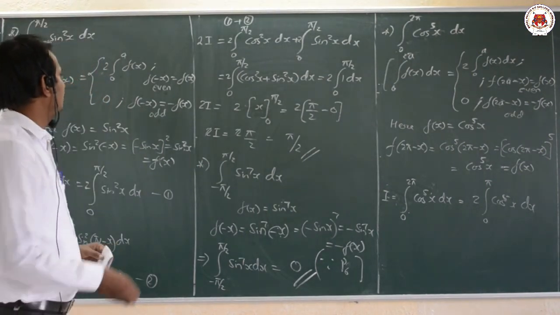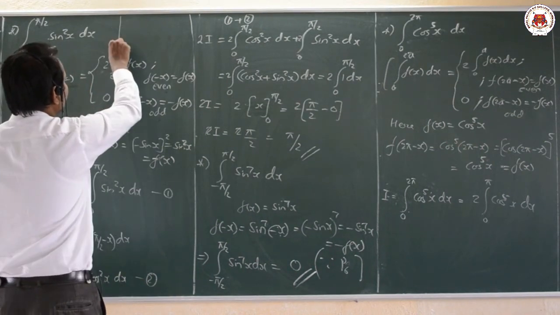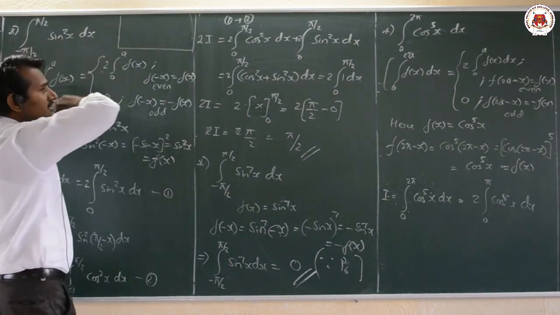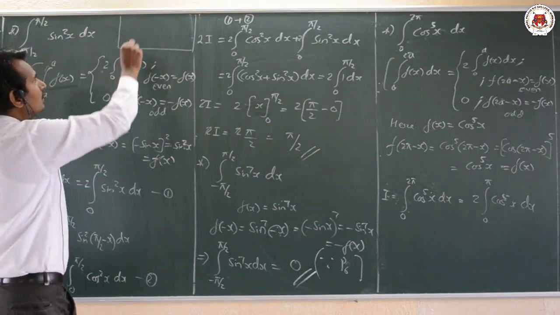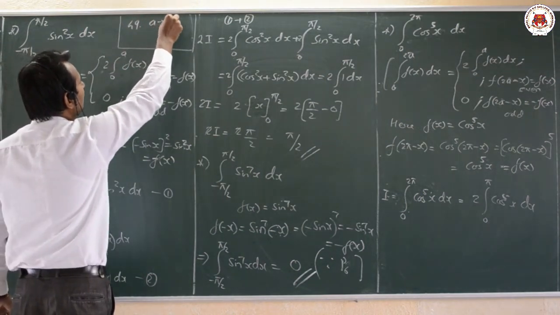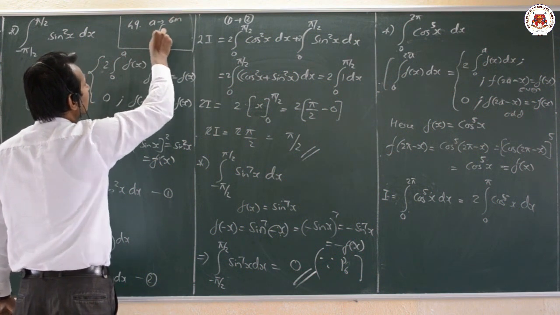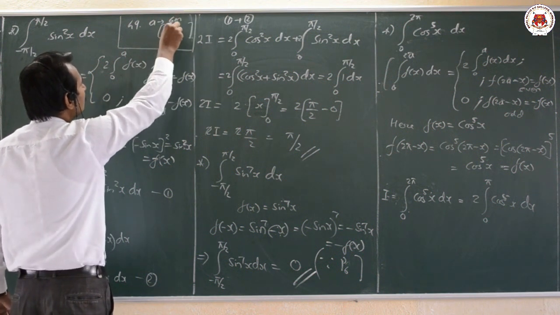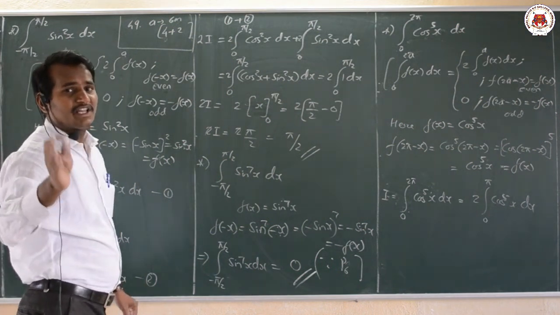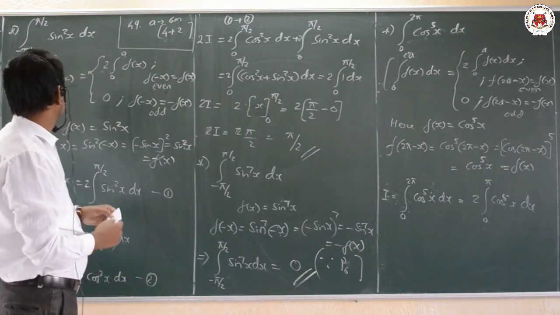So dear students, all the examples related to our properties of definite integrals are over. From the examination point of view, in the Karnataka State PU Board, question number 49A will be of 6 marks. This 6 marks will be 4 plus 2. The 4 marks will be one derivation among these properties.